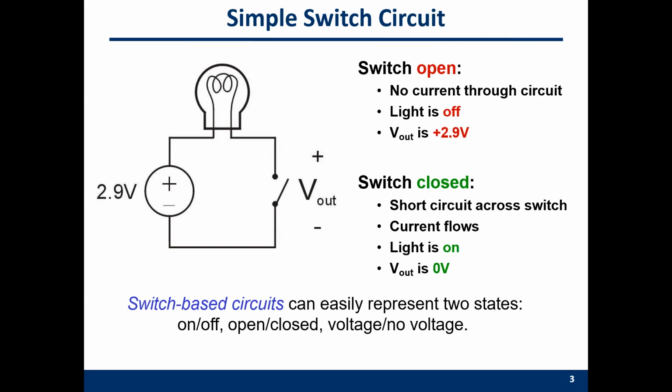When you open this switch, there's no electricity. This light will be off. If you close the transistor, then the light will be on, because electricity passes through this switch.